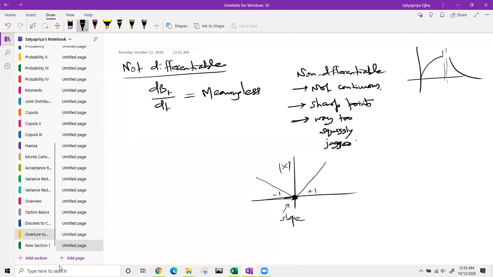These are the words used. So for differentiability, basically you're trying to find out the slope. If this is a smooth function, at this point the slope exists, because if you zoom in sufficiently at this point, this thing looks like a line.